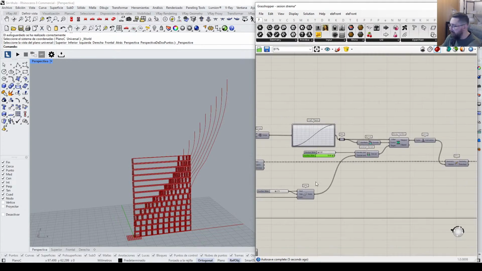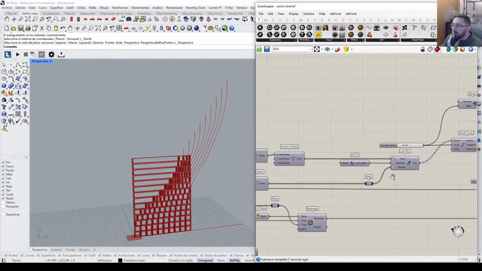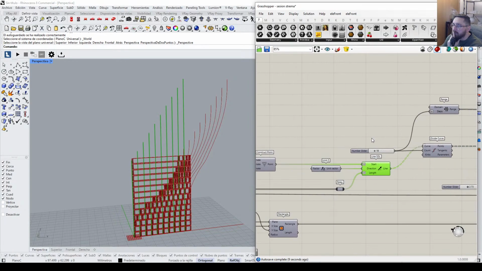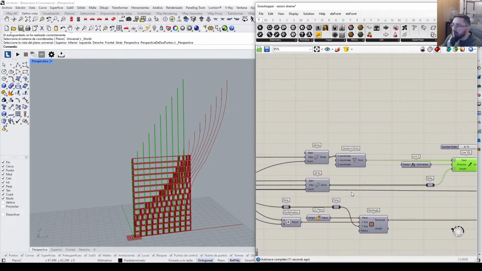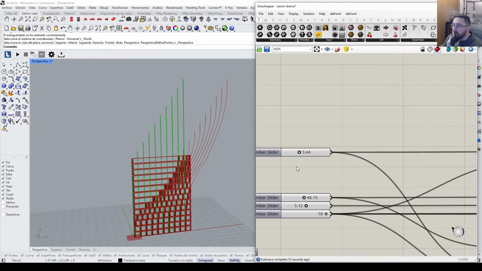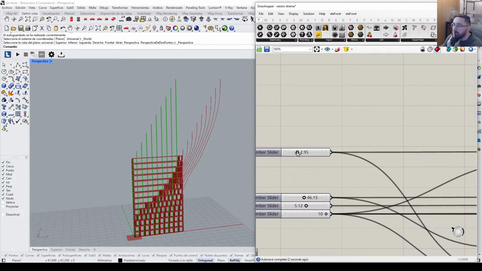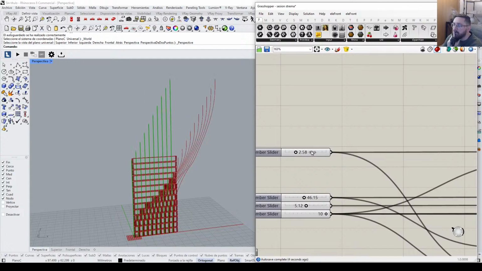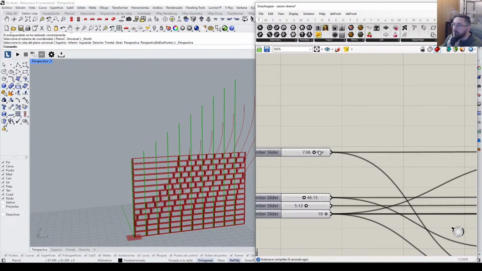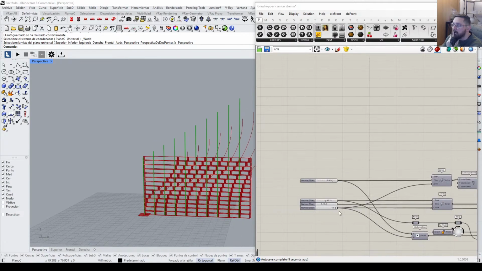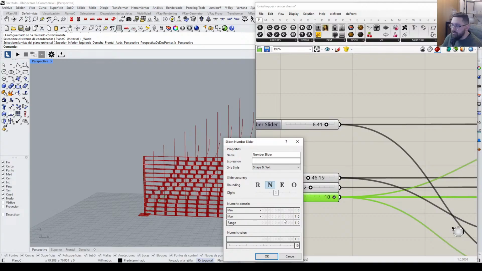Okay, this controls the height. What happens if my height increment is null? What do I get in return? I don't know. I'm not sure, my friend.